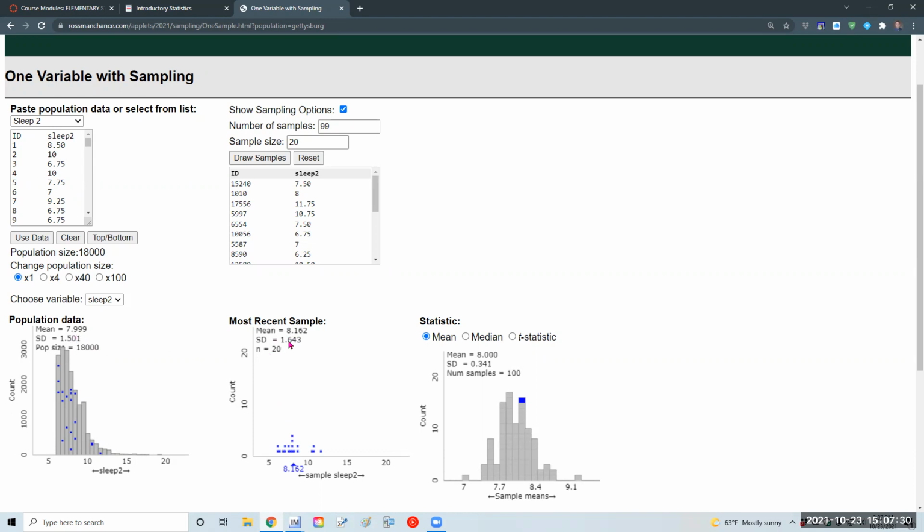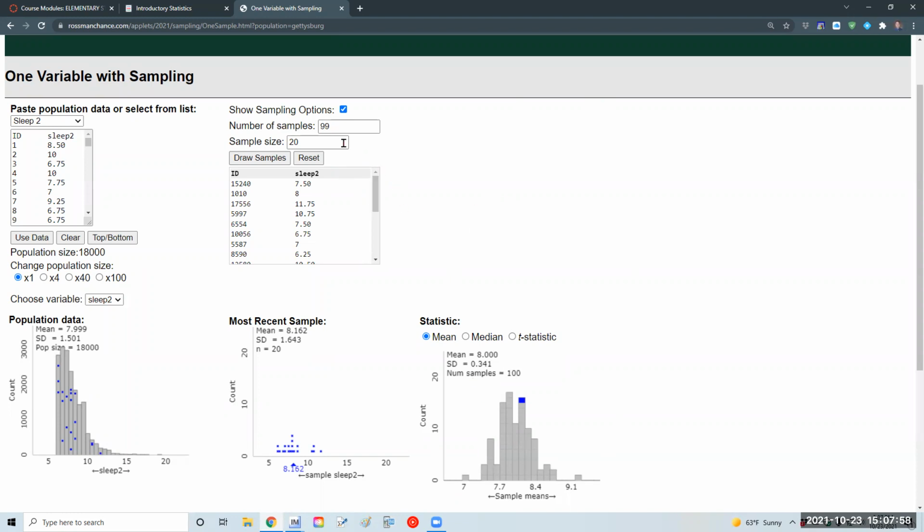The standard deviation was that, which is also close to the actual standard deviation value. But more importantly, it's over here that I wanted you to look. This graph is an approximation of the sampling distribution of X bar. Here we've got a dot plot of 100 different sample means taken from the 100 samples that we just had the computer take.